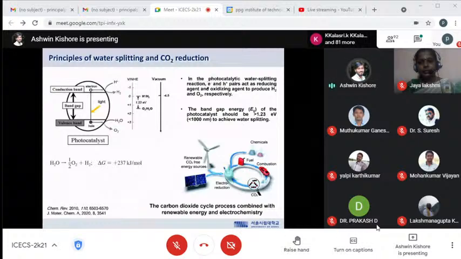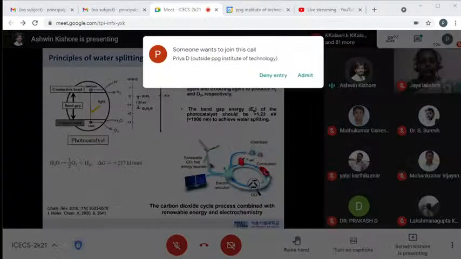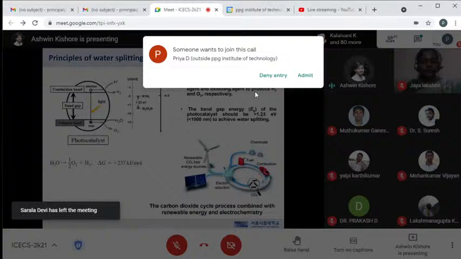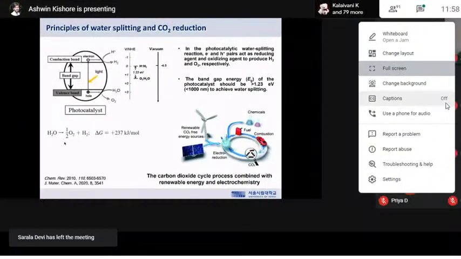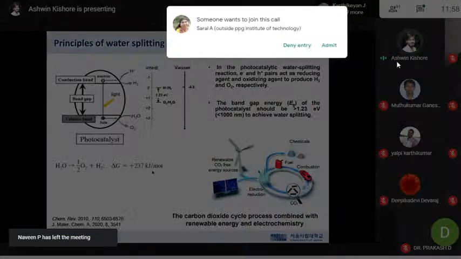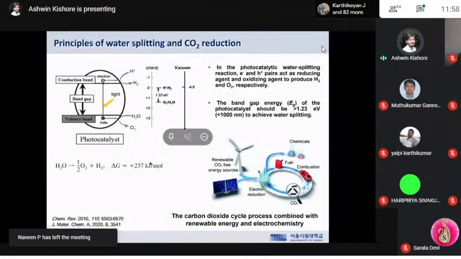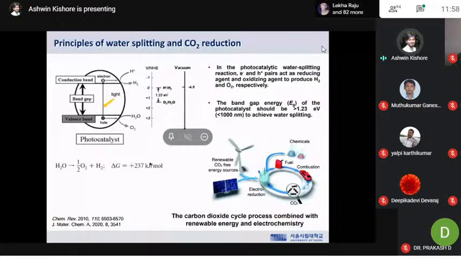They act as reducing and oxidizing agents to produce hydrogen and oxygen. This reaction of splitting water into hydrogen and oxygen is an uphill reaction. So that means the band gap energy of your photocatalyst should be greater than 1.23 electron volt.